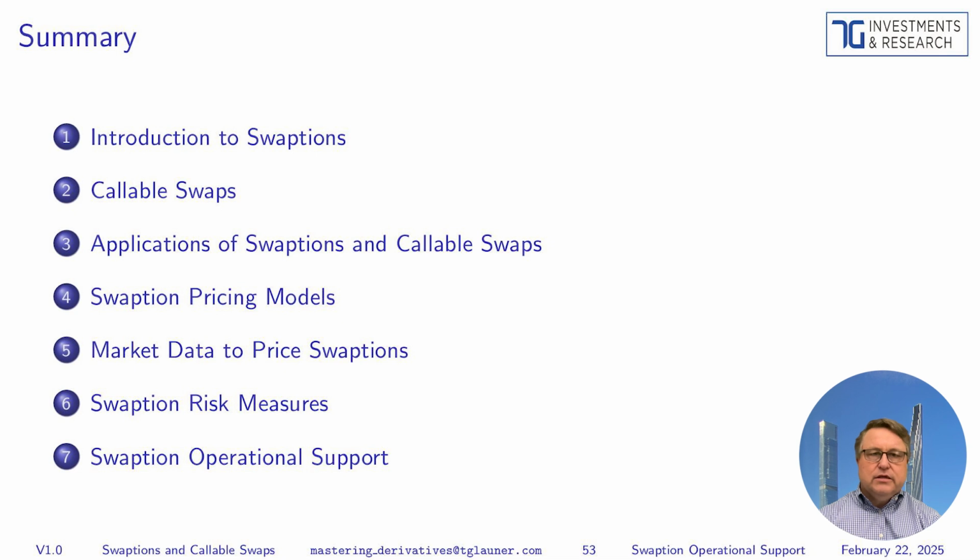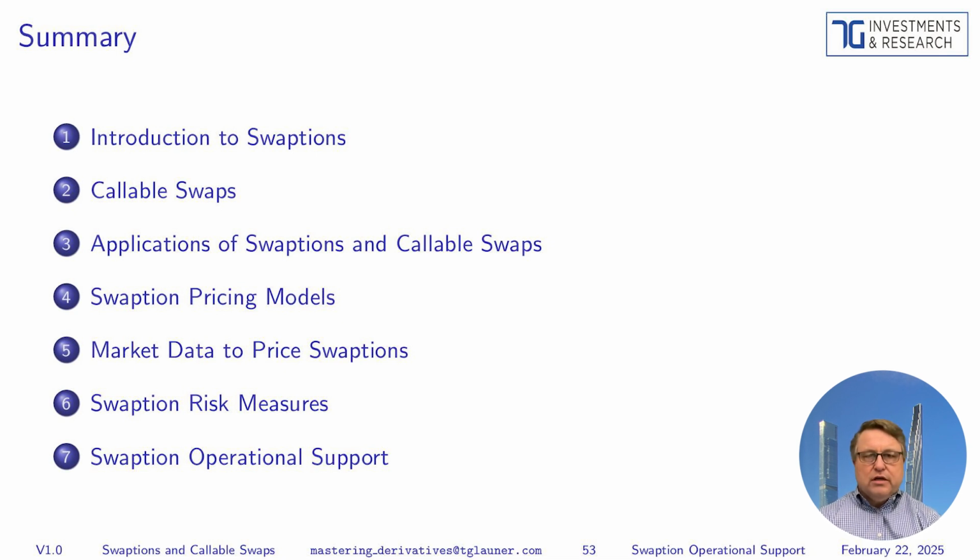Next, we delved into swaption pricing models, looking at key frameworks like Black, Bachelier, and Hull and White, and discussing calibration techniques. We then covered market data for swaption pricing, including yield curves, volatility surfaces, and the impact of smile effects.